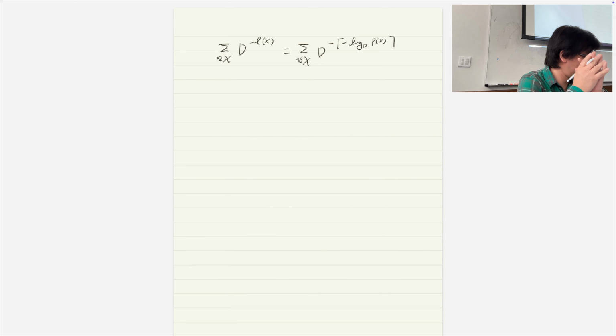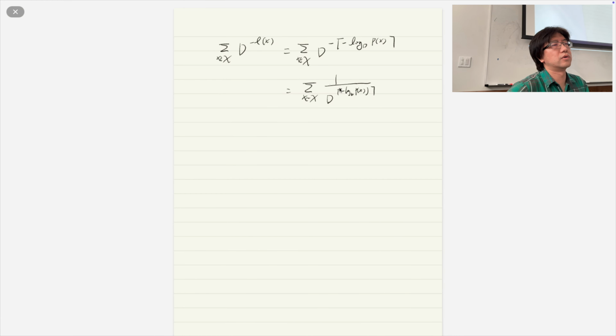Let's see. It's D to the minus log of this. If we remove the ceiling, the exponent's magnitude becomes smaller, so the term becomes smaller than or equal to D to the minus log base D of 1 over P(x).